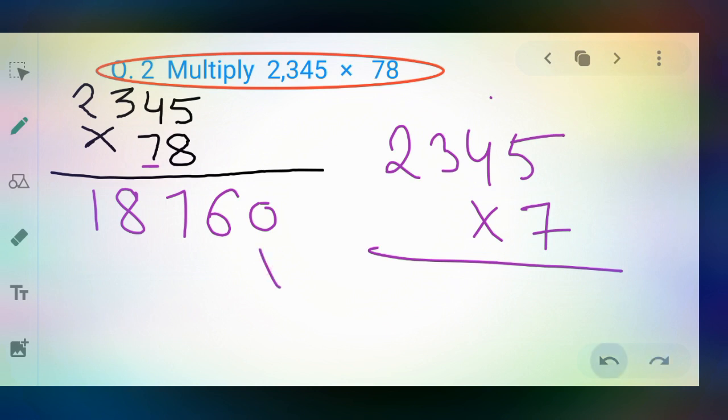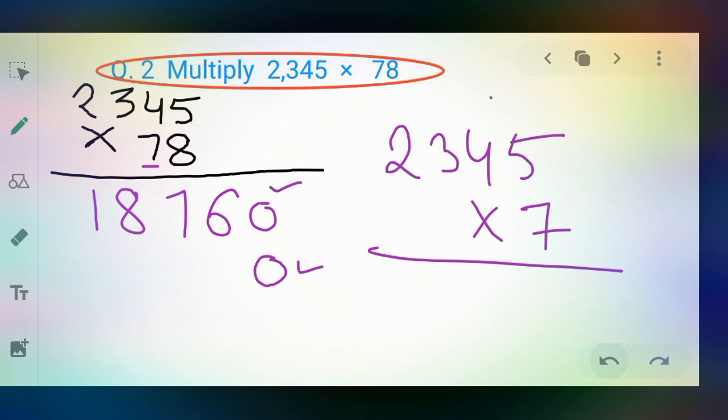It depends on you. This cross means 0. So dear student, here I mark 0 on the ones place, because this is your ones place and this is your ones place. So if you multiply any large number by tens place, you always put 0 on the ones place. This is very important for you.